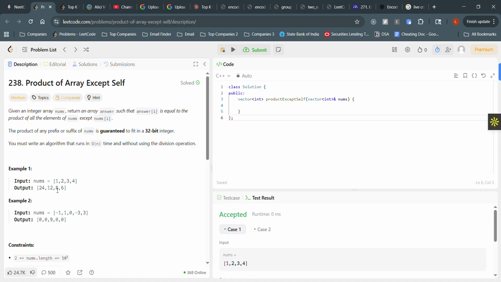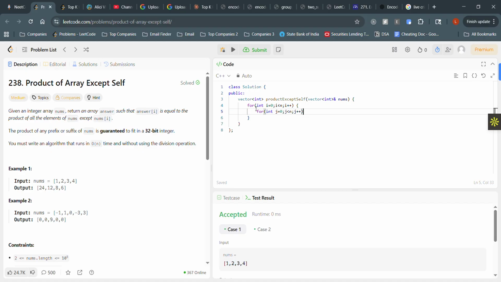Now let's think of a brute force solution. What can be a brute force solution is that we can have a nested loop, something like this, wherein n is the length of the vector, and inside this we'll have a j loop.